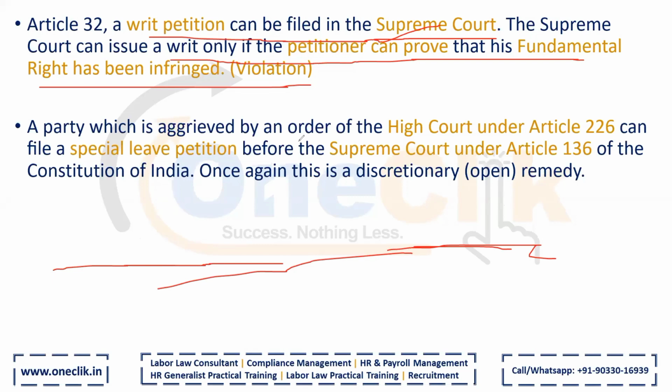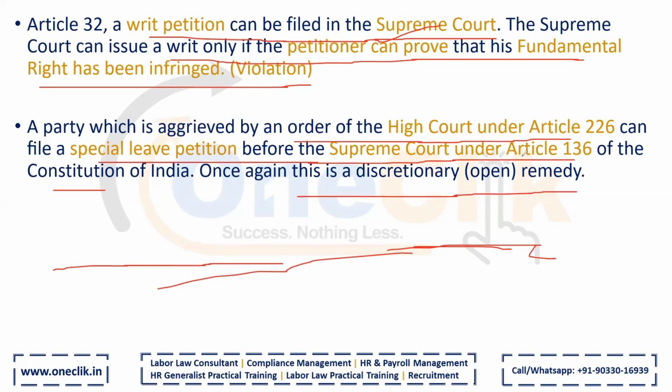A party aggrieved by an order of the High Court can file a special leave petition to the Supreme Court under Article 136 of our Constitution, which is an open remedy for all against the High Court. Right? If you're not okay with the High Court order, then you can go there again.